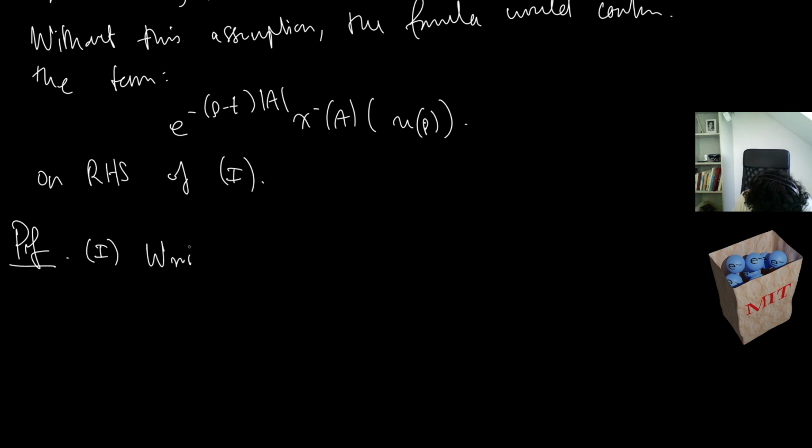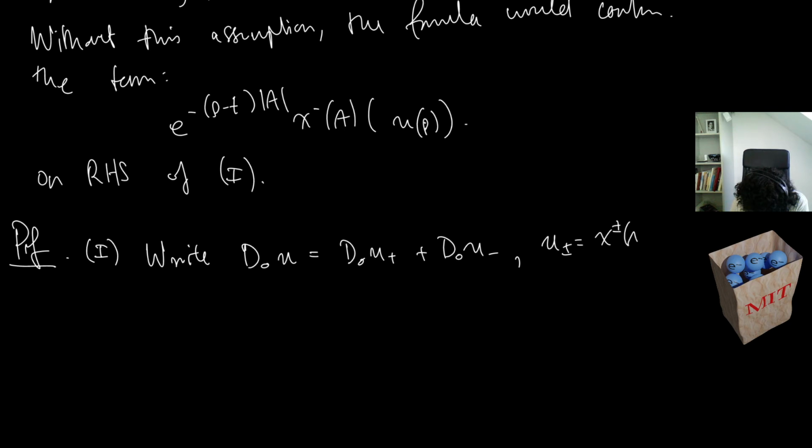So let's first decompose this and write d naught of u equal to d naught of u plus plus d naught of u minus, where u plus minus is equal to chi plus minus of a of u. Maybe I'll put a u plus minus of t here, so this is really being applied for each t, right?